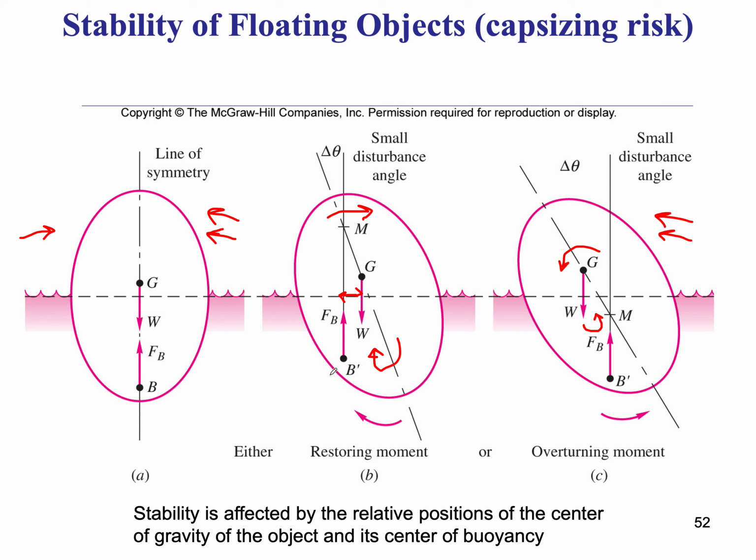There is personality to every ship, and that's why the captain is intimately aware of the contents of their boat, as well as the distribution, as well as its behavior in terms of stability. So that's just a demonstration of the concepts of center of buoyancy and the center of gravity.